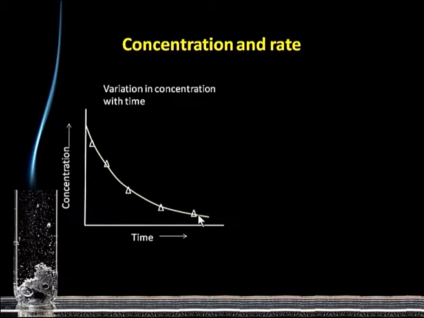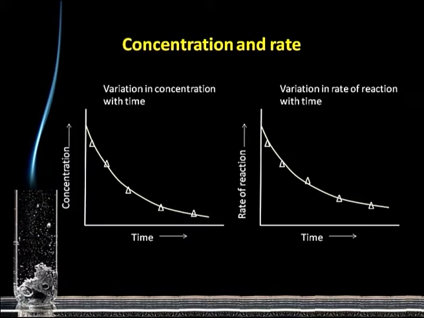And naturally, when the number of molecules available for reaction are less, the rate is going to be less. That means you can draw a parallel between decrease in the concentration of the reactant and decrease in the rate of reaction. Both seem to be following a similar trend. How exactly the two are related, we are going to see a bit later.